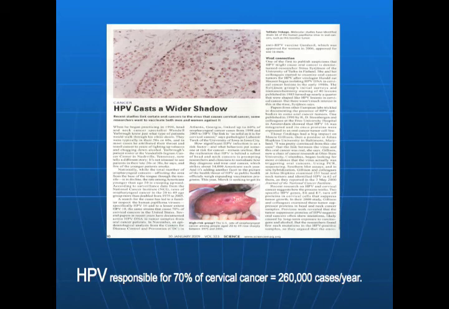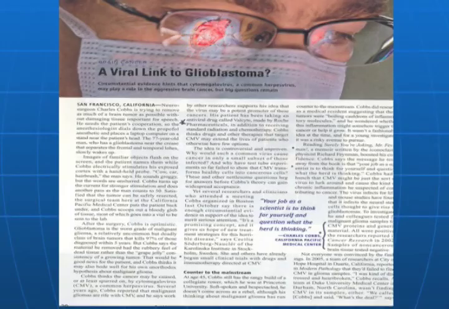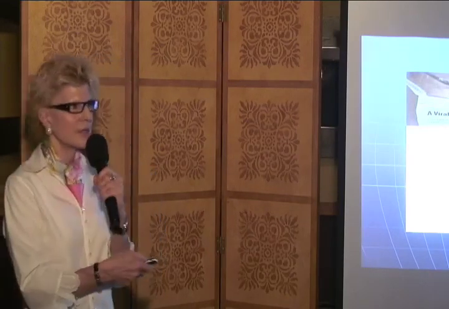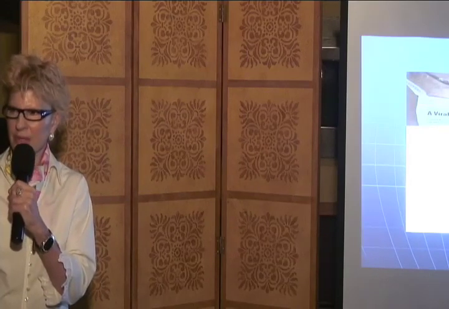HPV associated with cervical cancer appears possibly to be an etiologic agent with oral cancers as well, and possibly a viral link to glioblastoma. Isn't this interesting? Because we see an increase in the incidence of these cancers like glioblastoma. If they're related to a virus, it begins to make a bit more sense why the incidence is going up.